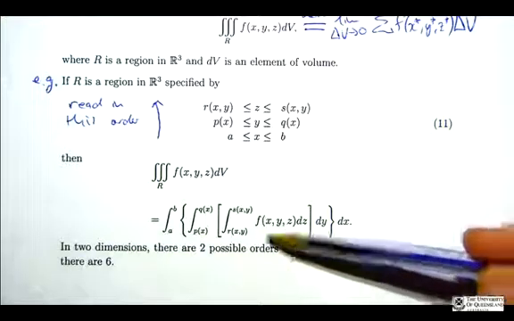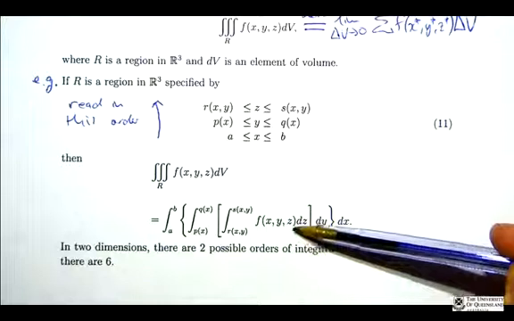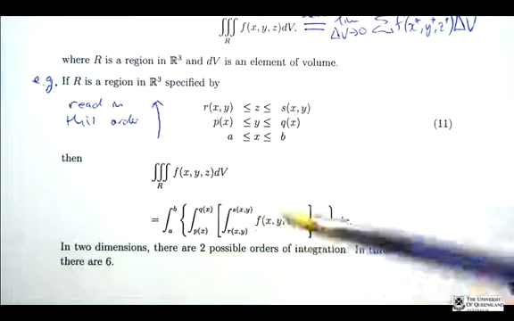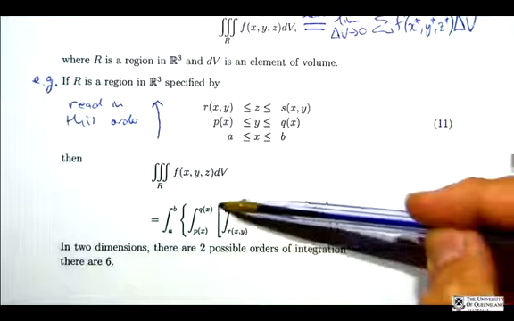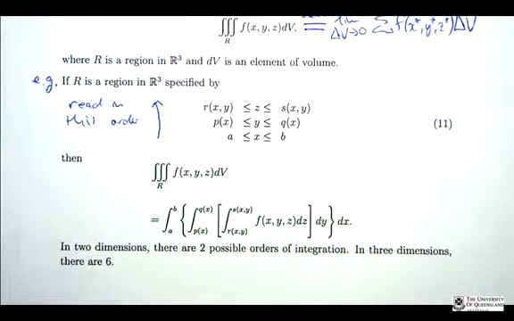When we integrate with respect to z, we integrate that function partially with respect to z, and then substitute in the upper and lower bounds, just as if it were a regular definite integral of a function of a single variable. So when we evaluate this quantity in the square bracket, we're just left with a function of x and y. And then we're back to an iterated integral of a function of 2 variables, which is what we've been studying for the last couple of weeks.